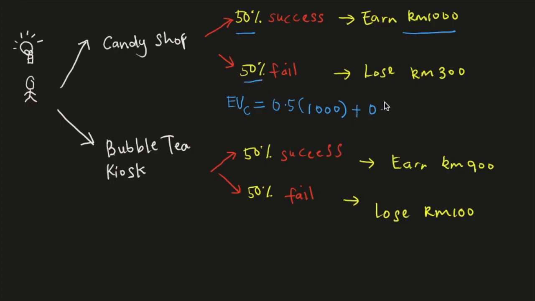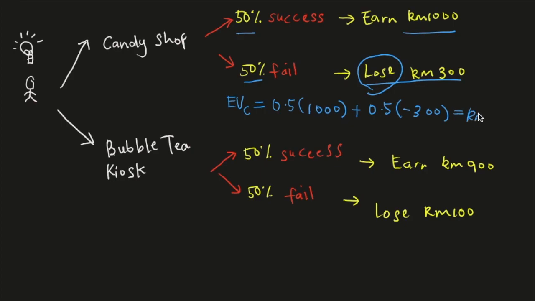So in this case, the remaining alternative is that if the candy shop fails. So again, multiply the probabilities, which is 50%, or in the formula, it will become 0.5 multiplied with the impact, which is 300. But take note that the impact this time around is that you are losing 300 ringgit. So that 300 becomes negative 300 because you are losing the money, kan?